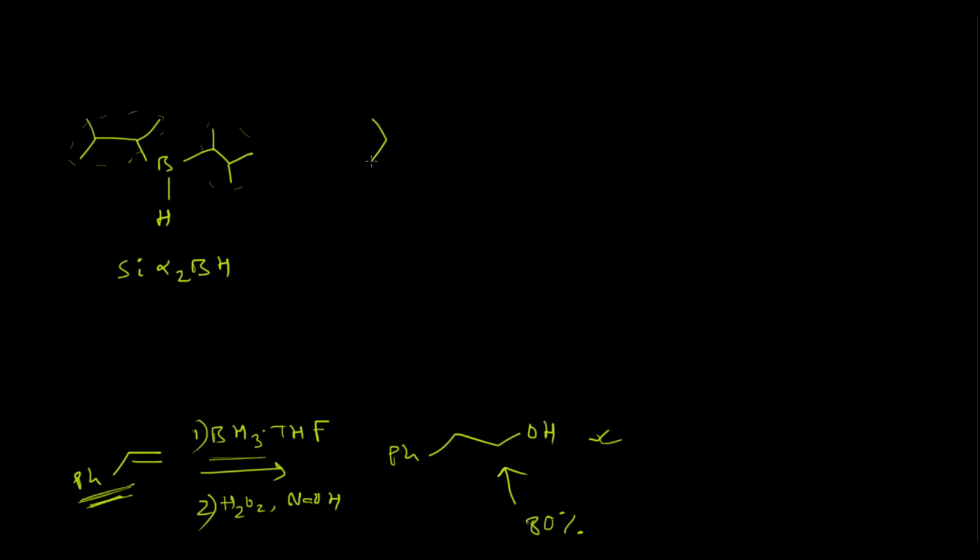Another example is thexyl boron. It is represented as this, ThxBH2, thexyl boron. This is essentially a tertiary hexyl group, 1, 2, 3, 4, 5, 6 carbon atoms, and all the centers are tertiary. That's why it is called tertiary hexyl boron, or in short form thexyl boron.